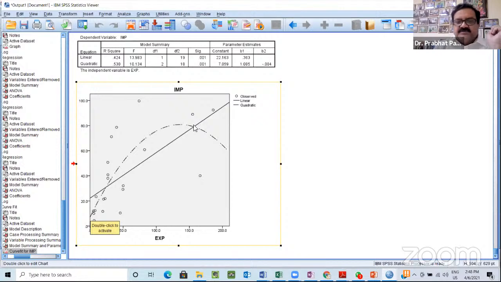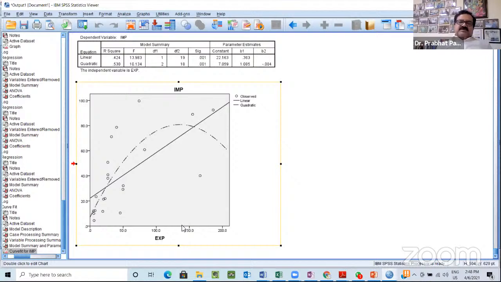So it gives you the upper turning point, which arrives somewhere here. If you draw a parallel line, by rough estimation it will touch the x-axis somewhere around 135. That is the rough estimation of the optimum amount of expenditure you can make out of these calculations.